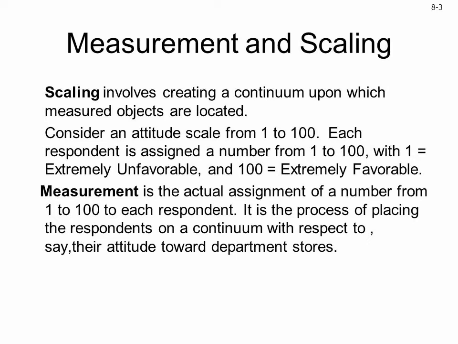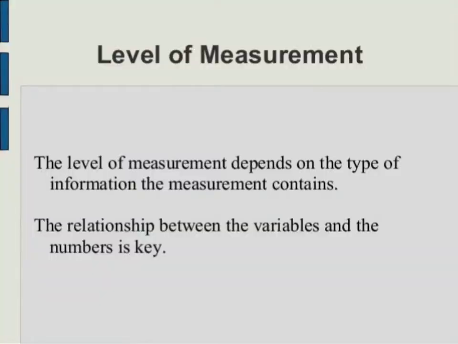These 4 levels of measurement lead to 4 kinds of scales that are used to measure in psychology. The rules used to assign numbers to objects define the kind of scale and the level of measurement. That means the rules for assigning numbers are different in the different levels of measurement.